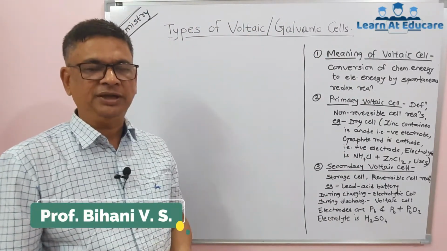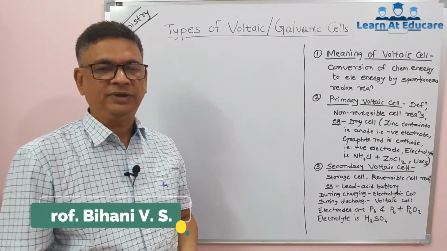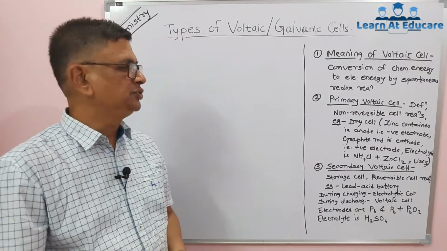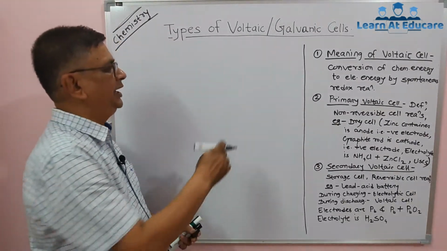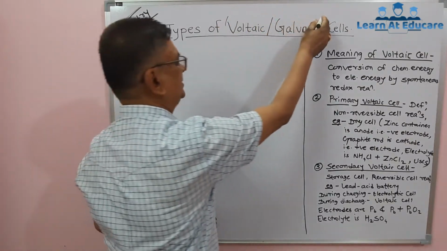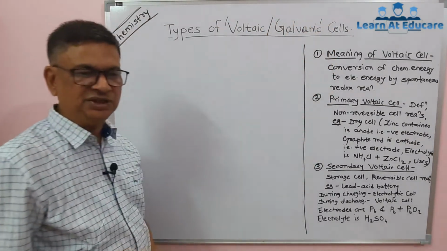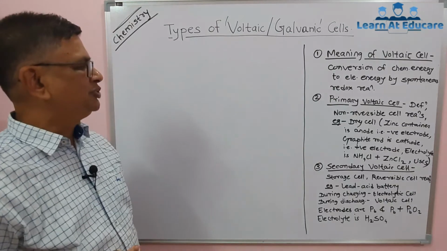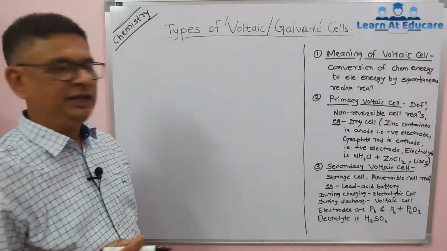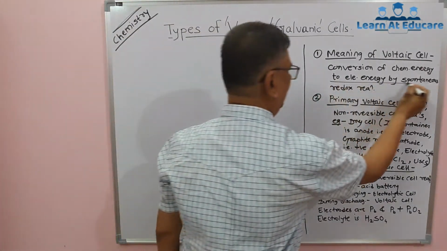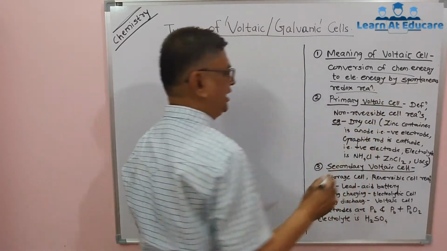This is Vinod Bihani, and in today's chemistry session we are going to see the types of voltaic or galvanic cells. We know from the previous session that these cells convert chemical energy to electric energy by redox reaction.